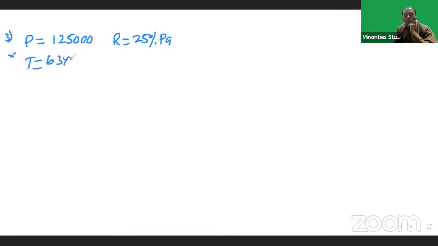The present population of a town is 1,25,000. The population increase rate is 25% per annum.